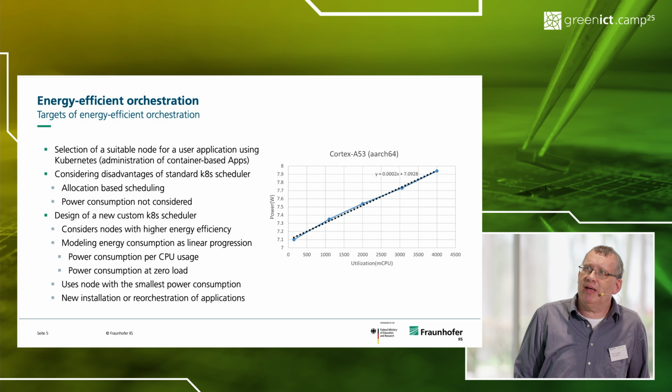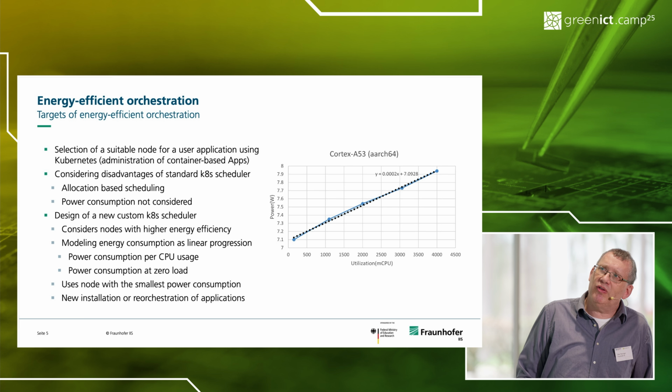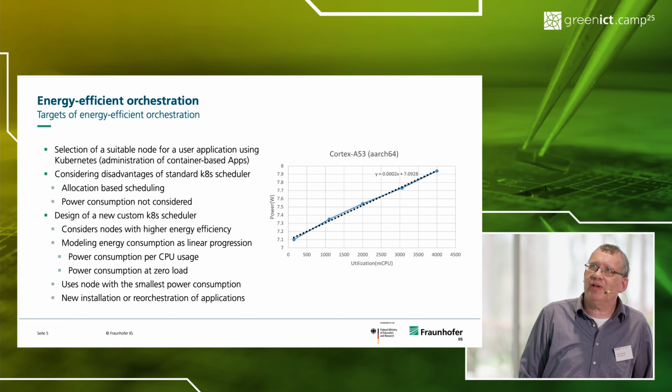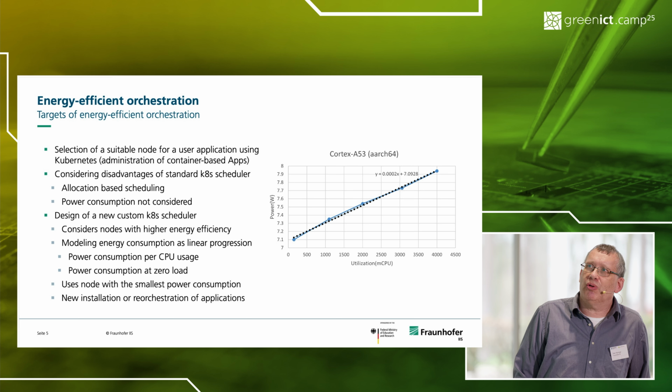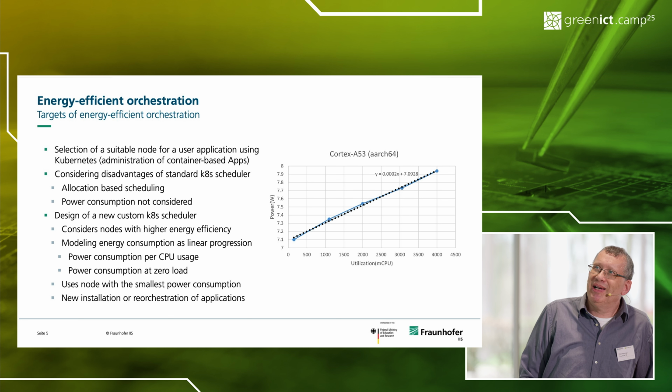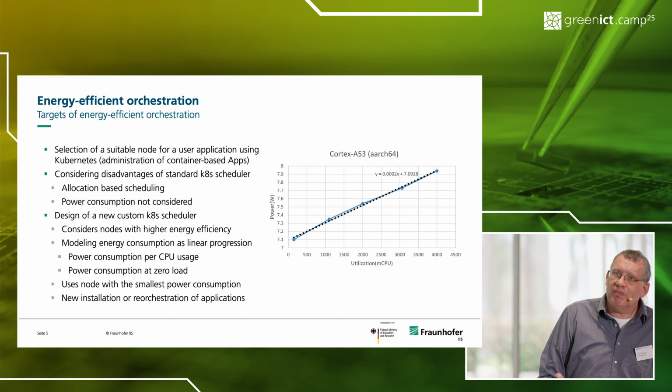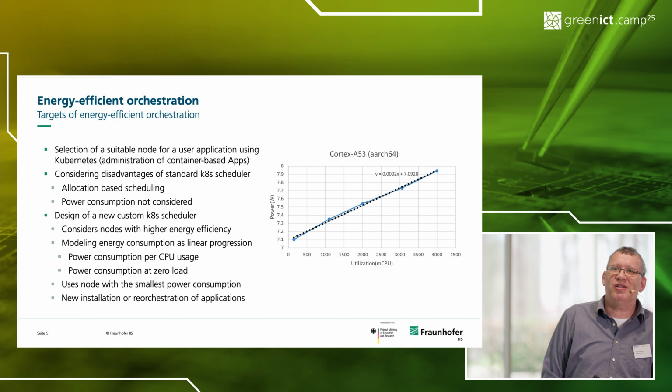We use a regression line, and you see on all the slides before the equation of the different regression lines. An example here for this Cortex A53, we have a regression line with a parameter A of 0.02 and 7.0928. So this is the base for the orchestration.